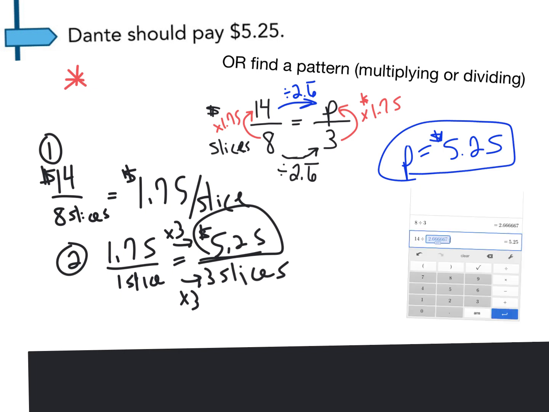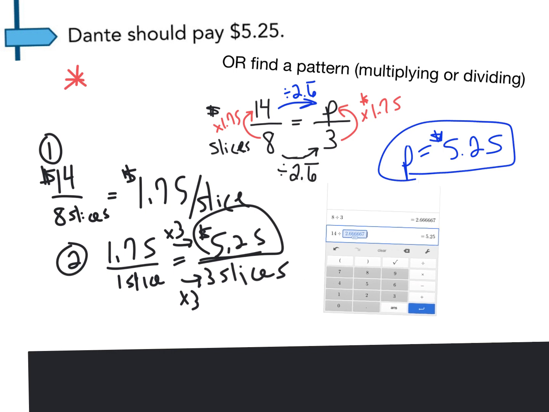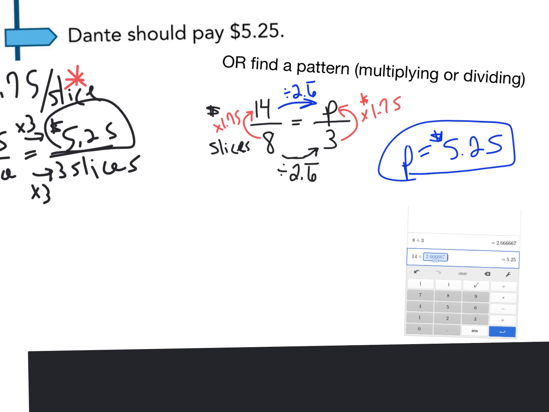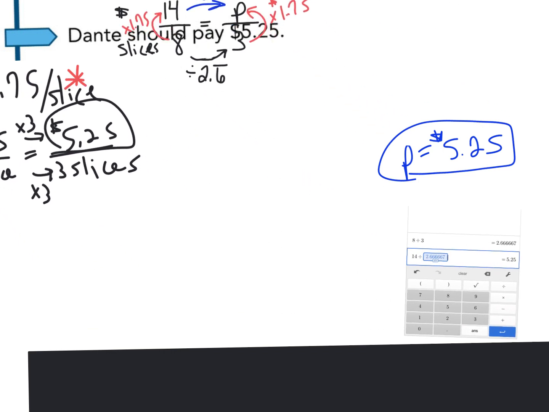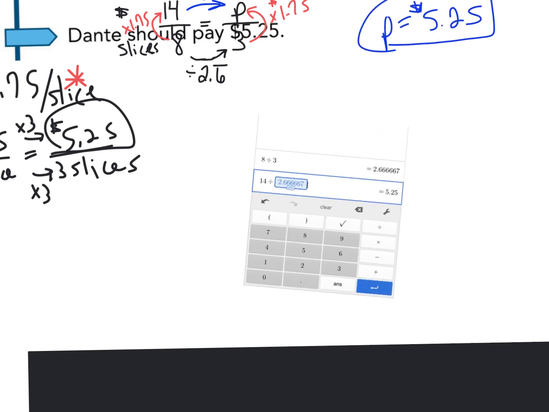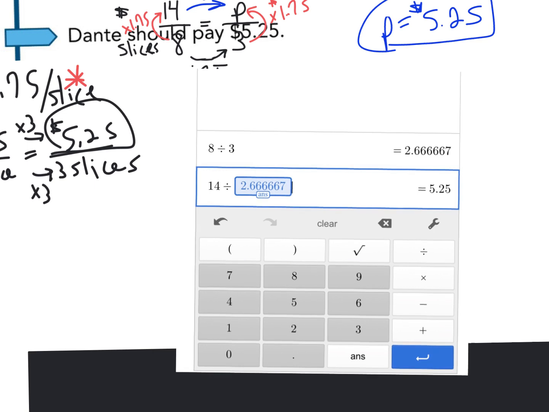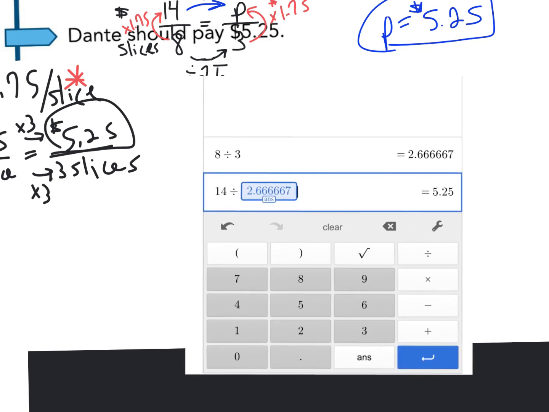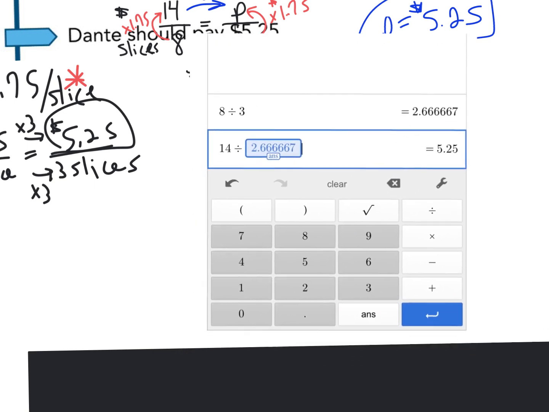Just to mention about the calculator option. So one option would be with the Desmos calculator. Desmos calculator is one that you'll be able to use on the iLearn tests. So if you were using that calculator, what you could do is, like we talked about, if you did 8 divided by 3, you get 2.6 repeating.